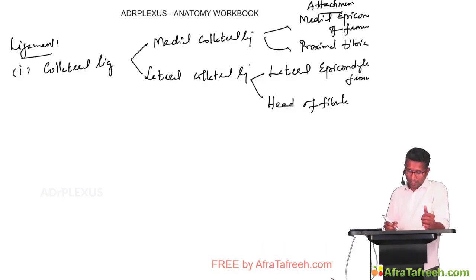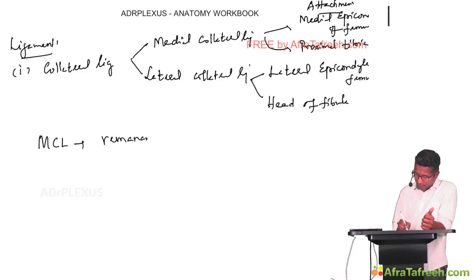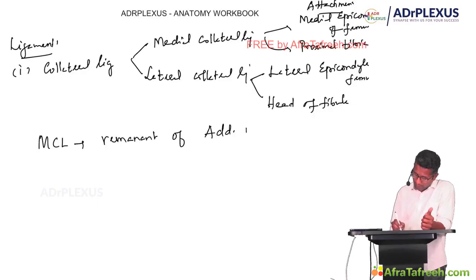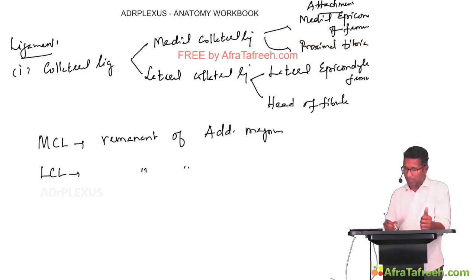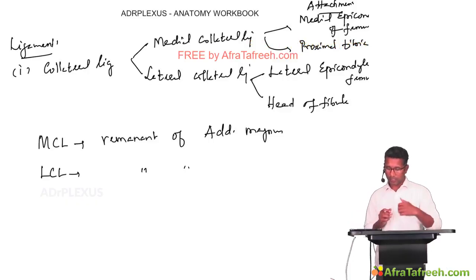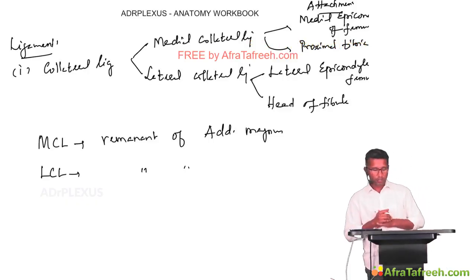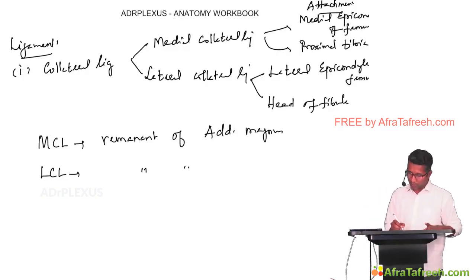Medial collateral ligament, MCL, we have seen this, it is a remnant of adductor magnus muscle, whereas the LCL is a remnant of, can anybody tell me? Lateral collateral ligament is a remnant of peroneus longus muscle.